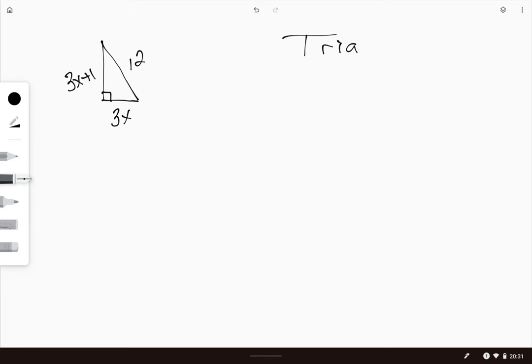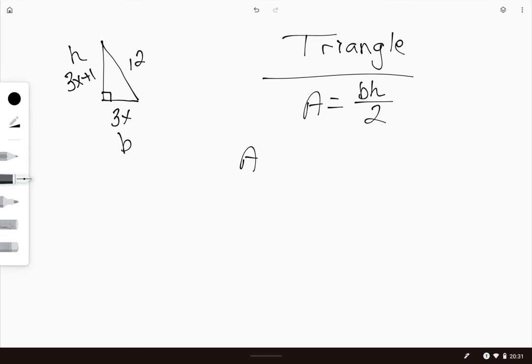Now we know that the area of a triangle is area equals base times height divided by 2. So in this particular triangle, 3x is my base, 3x plus 1 is going to be my height. So I'm going to have 3x times 3x plus 1, and then all of that divided by 2. So I can simply distribute the 3x to everything in parentheses. So that's going to be area equals 3 times 3 is 9.